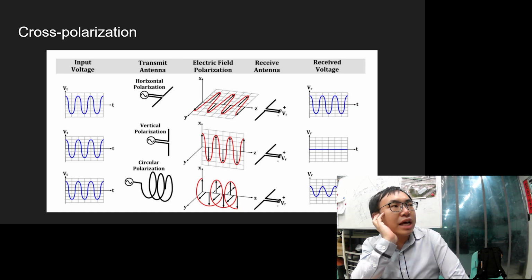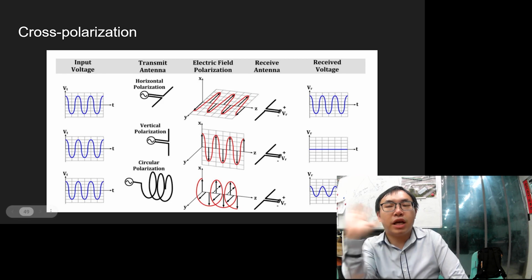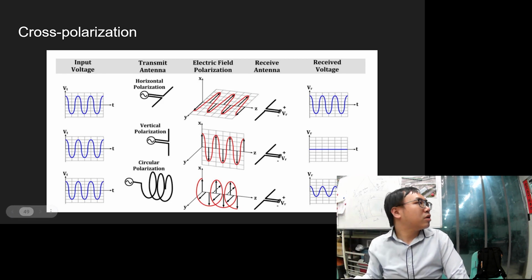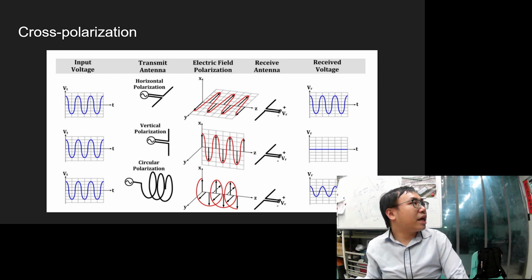But at that time, you have to bear in mind whether it is clockwise or anti-clockwise. So that's why the world changes. They have different polarization methods now.